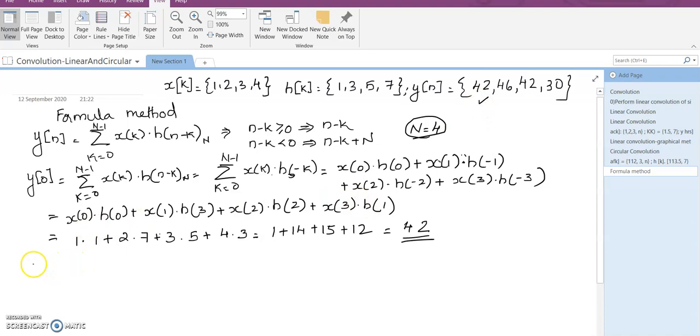Moving ahead, if we go for y of 2, we get summation k equal to 0 to N minus 1 x of k into h of 2 minus k.